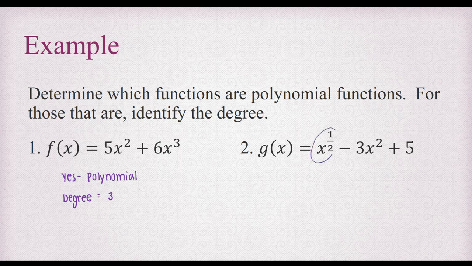Because I have a fraction for an exponent, that tells me that this is not a polynomial, okay? I want integers, so we're thinking about numbers on a number line, but I only want positive integers. So if that was a negative number, not a fraction, but a negative number, it also would not be a polynomial, okay? So then I'm not going to identify the degree since it's not a polynomial.